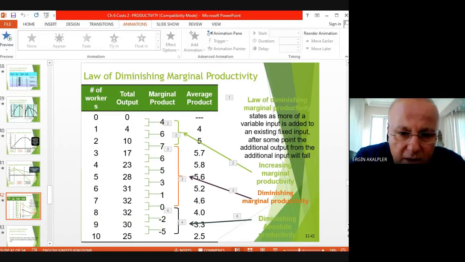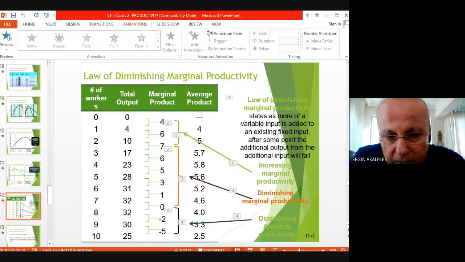As you observe here, it goes to 5.7, then until 4.6, becoming 4, which is the decreasing or diminishing marginal productivity, and the increase is realized where the marginal productivity becomes highest at 7, and then after this it goes to 0 where the diminishing marginal productivity is realized, and it turns max negative after 0.